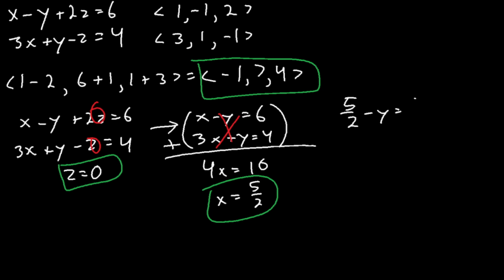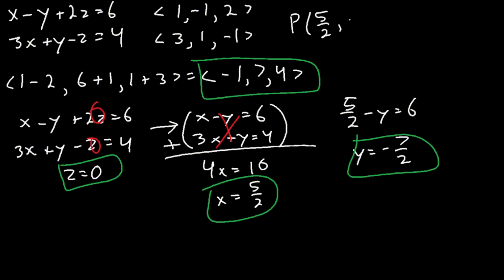Minus y is equal to 6. Y is equal to -7 over 2. So for this guy, we have a point. Let's call it point P. X is equal to 5 over 2, y is equal to -7 over 2, and z is equal to 0.